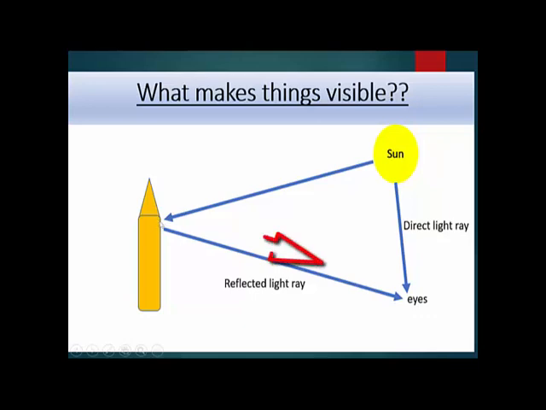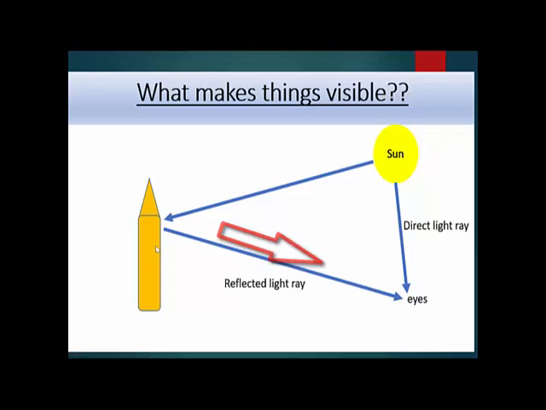But when the pencil reflects the light ray, it becomes a reflected light ray. It is because of the reflected light ray that you're able to see everything around you. So if there is no sun, there is no reflected light ray, because the pencil is not a luminous object.